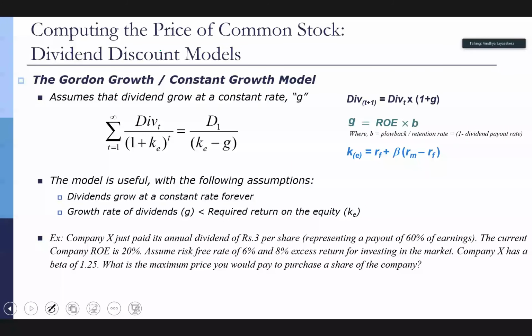Okay. So based on this, R and K are the same things, remember. R is my required rate of return or cost of equity.